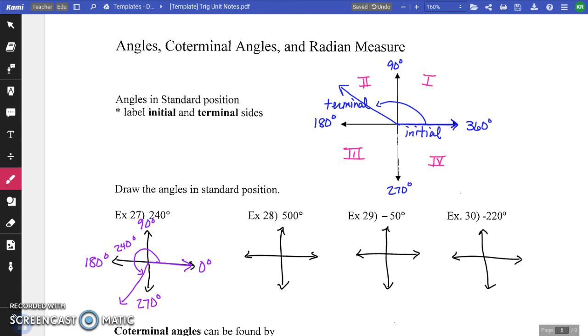Okay, a 500 degree angle. All right, so this is going to be more than one rotation because 500 is greater than 360 degrees. So you show one complete rotation, so that's 360 degrees. If I go to here, that's another 90 degrees. So far we've gone 360 plus 90, which would be 450 degrees.